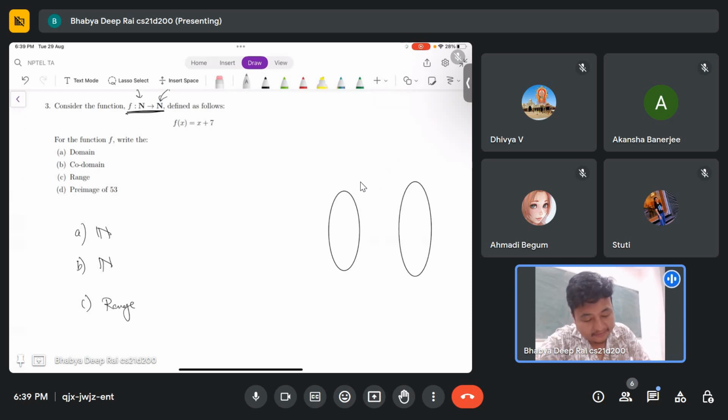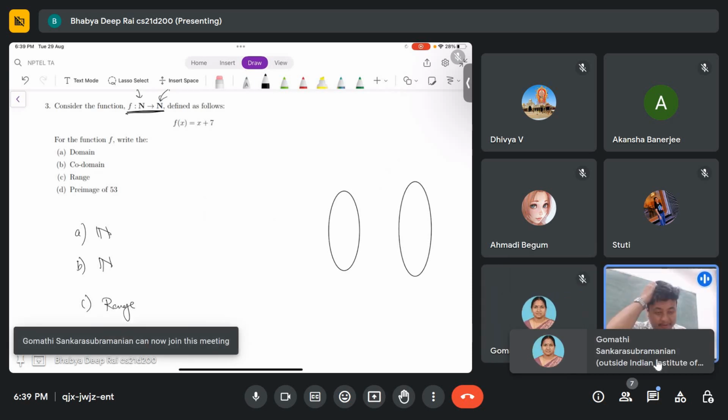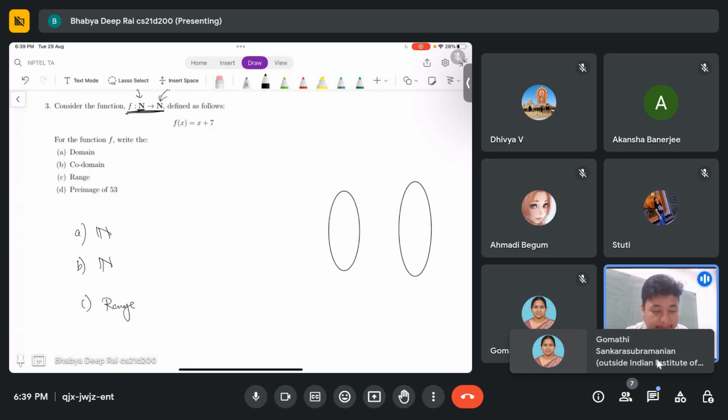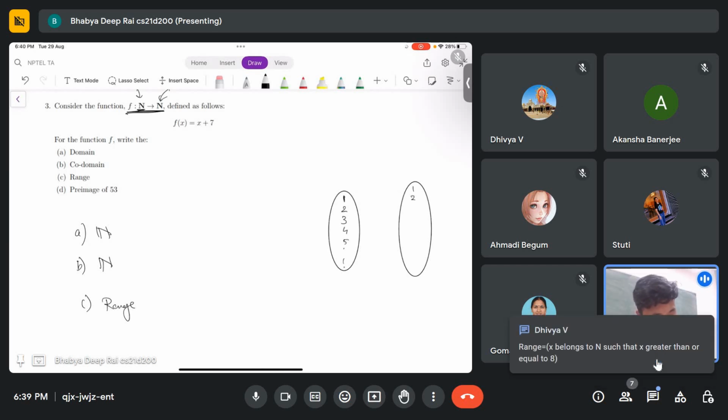We just want to see what are the possible mappings here, what are the possibilities that will be mapped to. F takes all the natural numbers, assuming natural numbers starting from 1, so 1, 2, 3, 4, 5 and so on, and here too 1, 2, 3, 4.